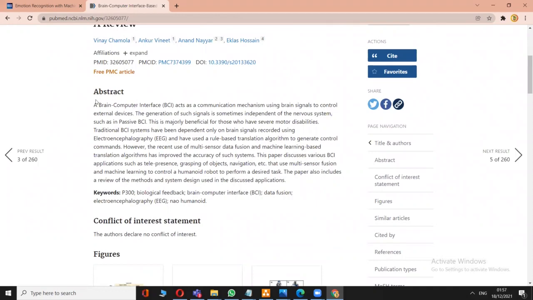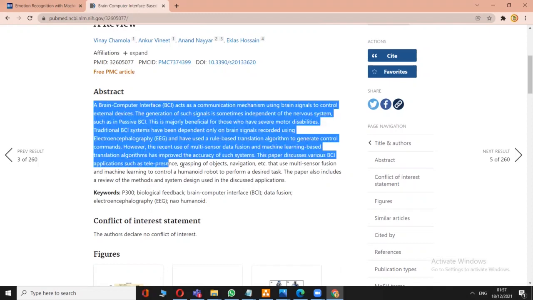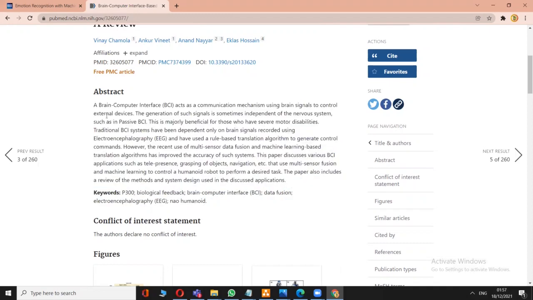I will read the abstract here first. How do I read the abstract? A brain-computer interface acts as a communication mechanism using brain signals to control external devices. Normally in the abstract, they first explain the technology.